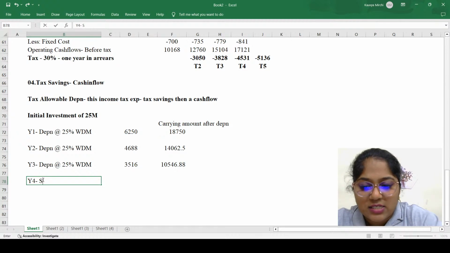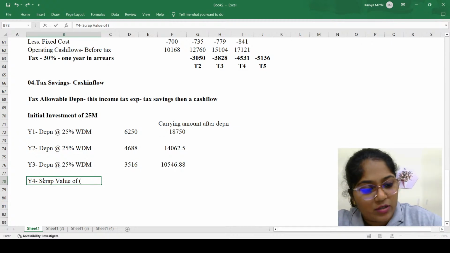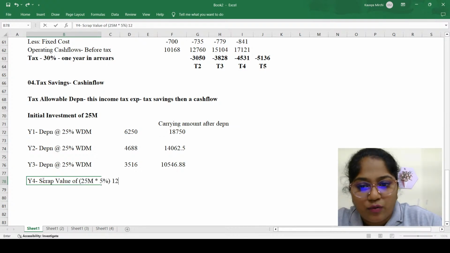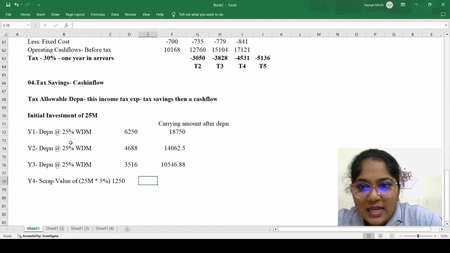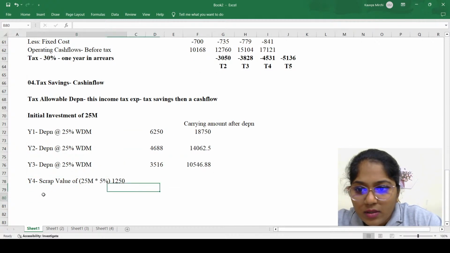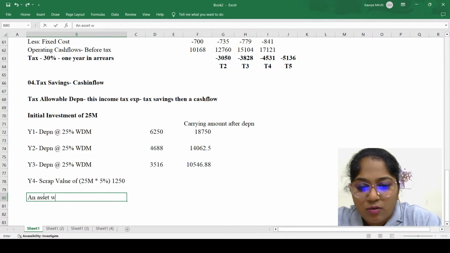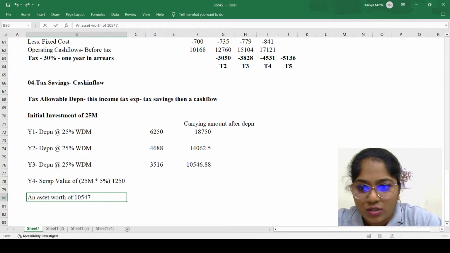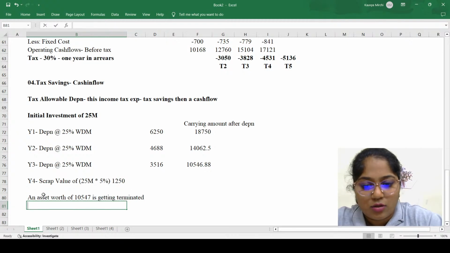In year 4, there is a scrap value of how much? Scrap value of 25 million multiplied with 5%. That will be of how much? 1,250 is my scrap value. So can I say that an asset worth $10,547,000 is getting terminated for just 1,250?